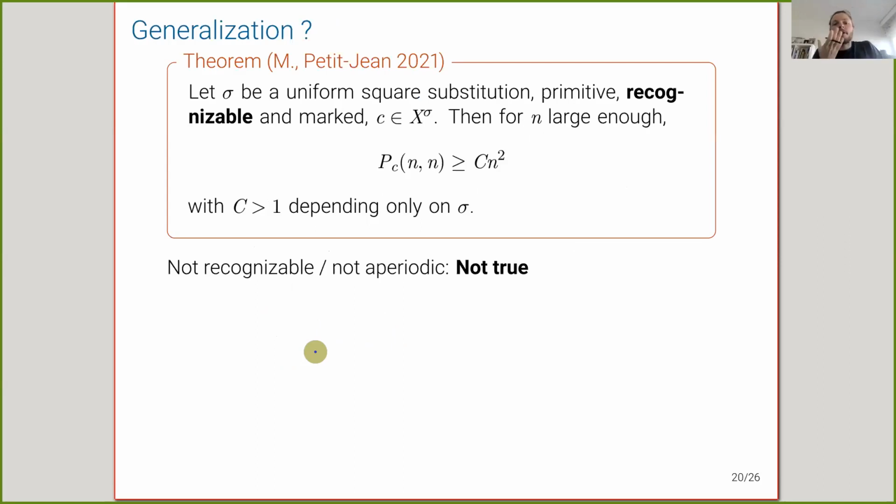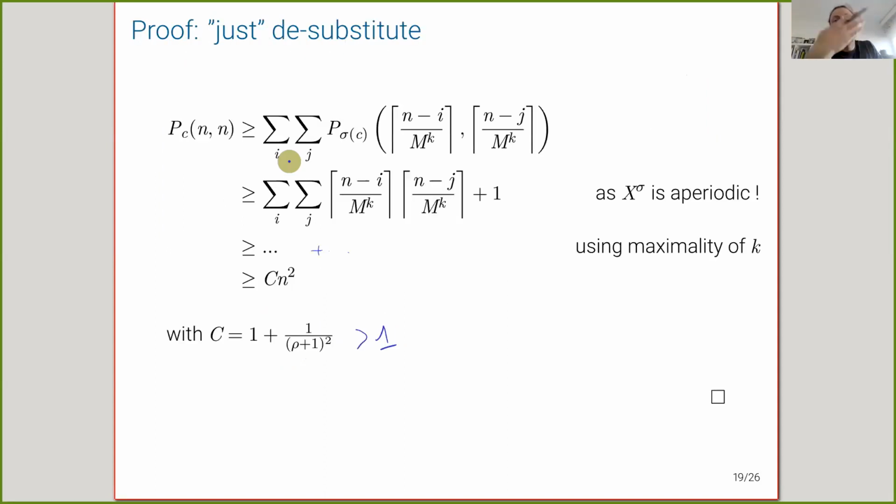Of course, somehow this result is not enough because we have many hypotheses, so it seems quite restrictive, and we don't talk about many substitutions in this result. First of all, something that convinced me that it's not such a small result is that any binary substitution which is not constant is actually marked.